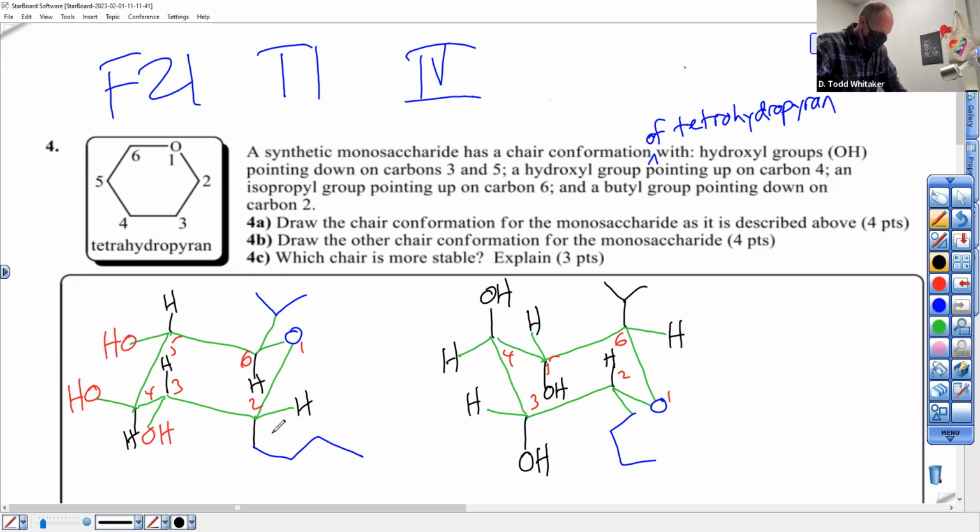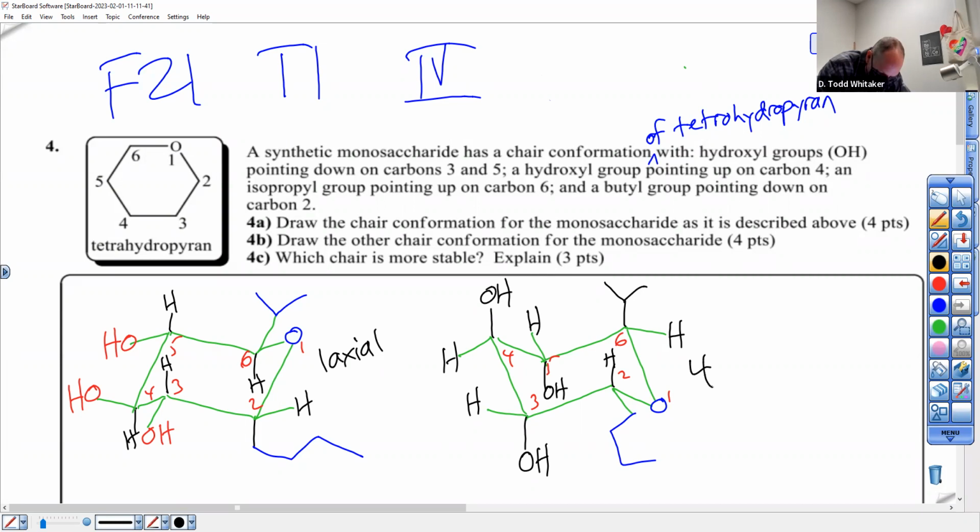How many things that are not H are axial here? There's this, and that's it. One axial, we have a winner, baby. On the other one, I think it's going to be 4. We got one axial hydroxyl, a second and a third axial hydroxyl, and a fourth axial isopropyl, 4 axial.